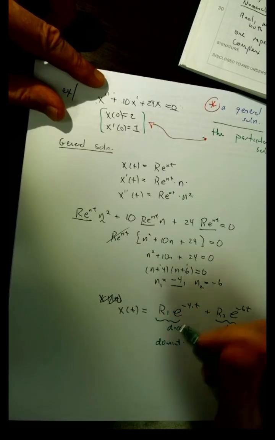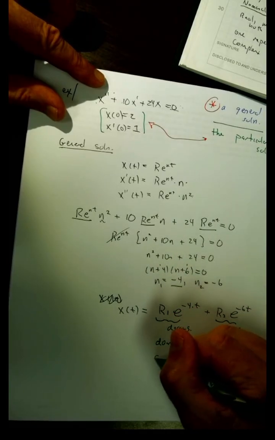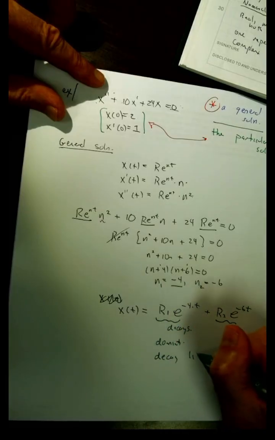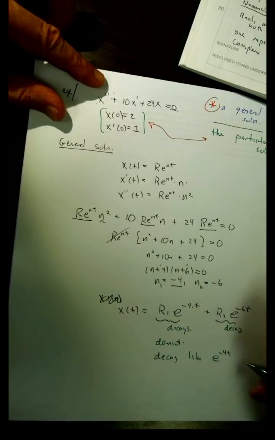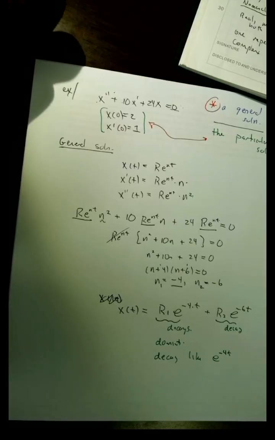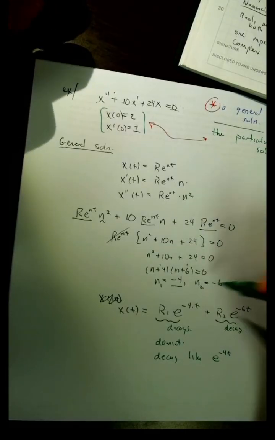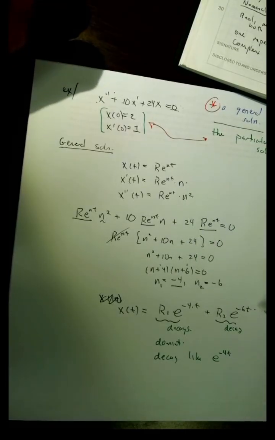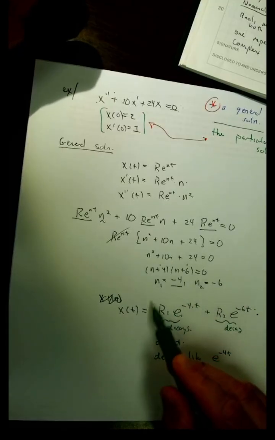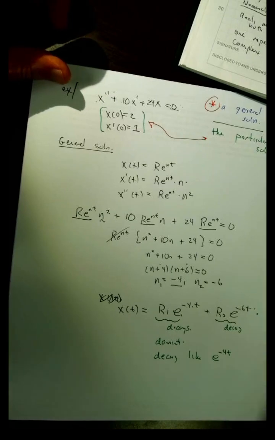So the general solution decays like e^(-4t). After a short amount of time, e^(-6t) is going to be really close to 0, and this is going to be the term that's left.